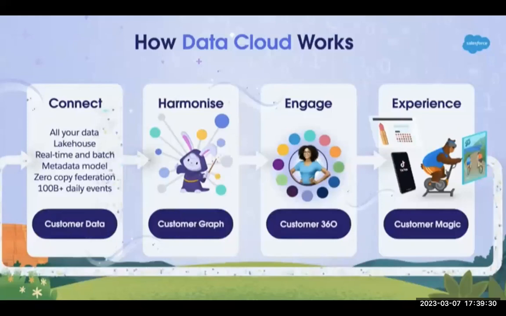Once we get the unified data, we can engage with it across different touch points. Then we can bring real-time magic with wholehearted experiences across Sales Cloud, Service Cloud, Tableau, and flow orchestrations, and we can leverage the same data model for multiple core modules of Salesforce.